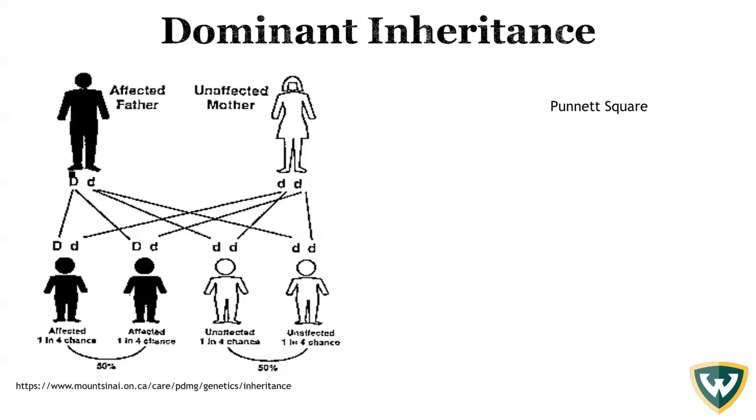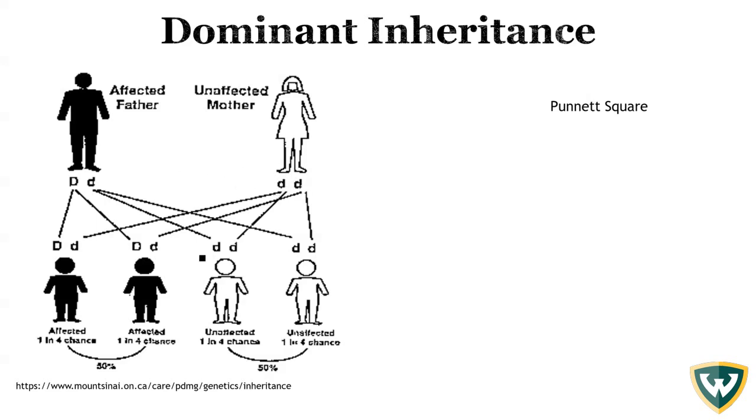And let's say that the poor functioning gene is the big letter D. And the little letter d means it functions perfectly fine. So you have an affected father, he carries one of the poor functioning Ds. But the mother has both little d's, meaning that she doesn't have any poor functioning of this gene.